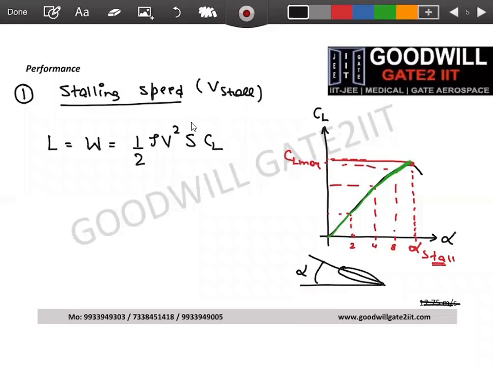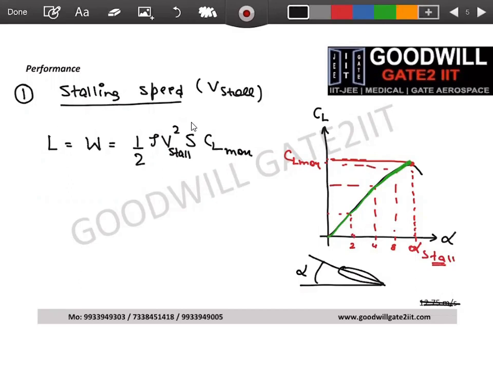So if you operate at CL max, you cannot have CL greater than this. That means you have the minimum velocity possible, which is referred to as V stall. So guys, V stall is the minimum speed at which your aircraft can fly without losing control. You can never go below V stall.